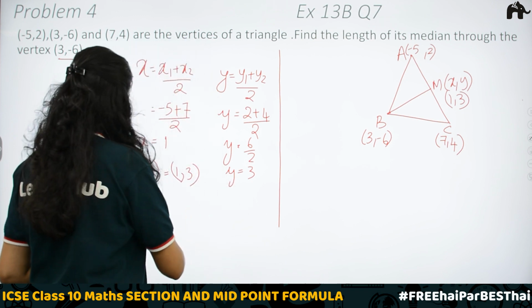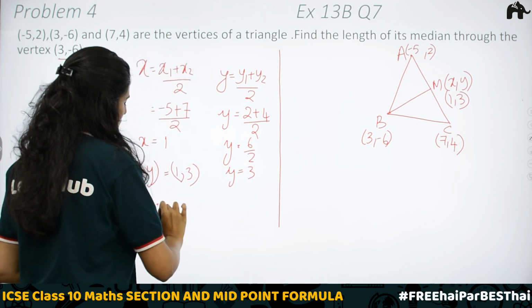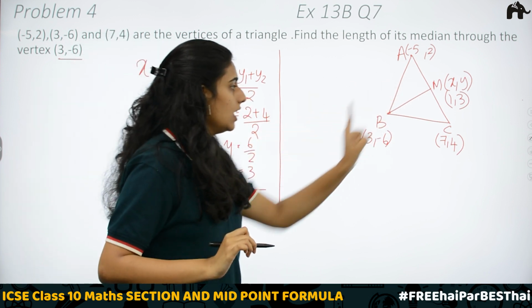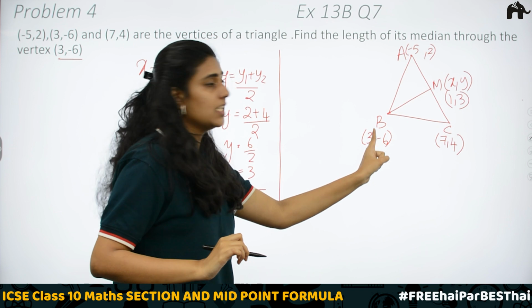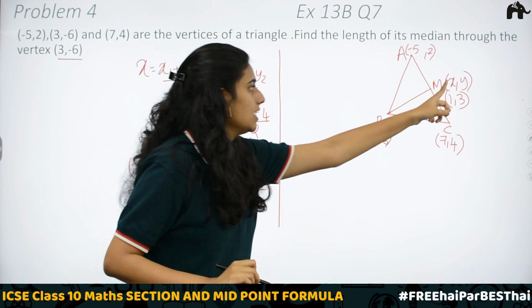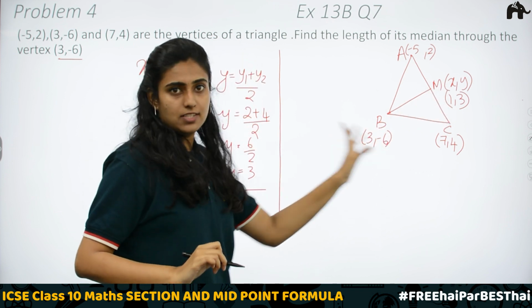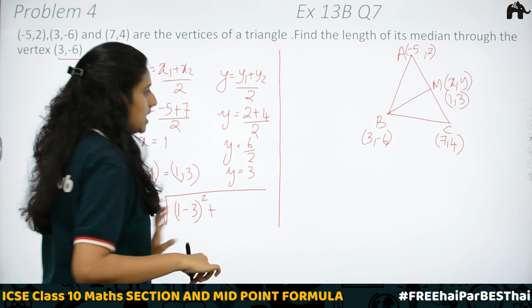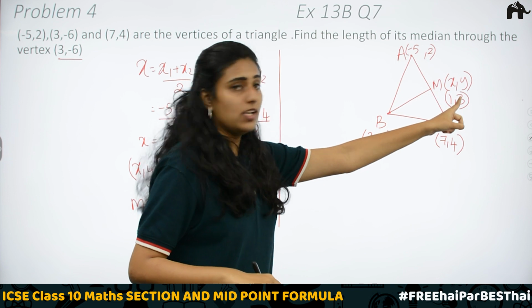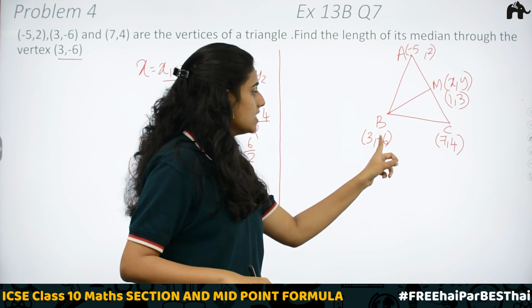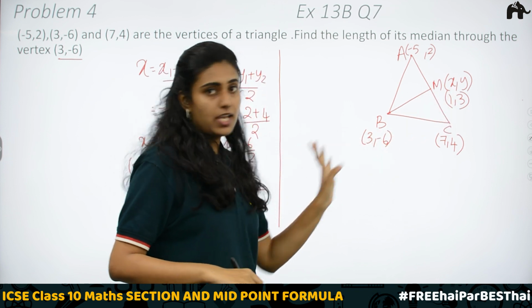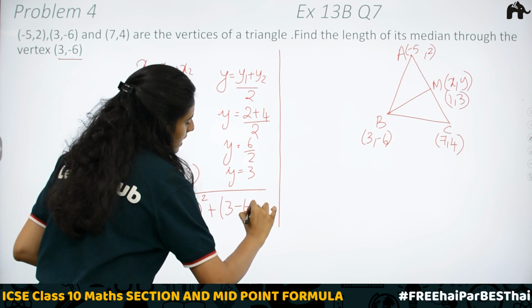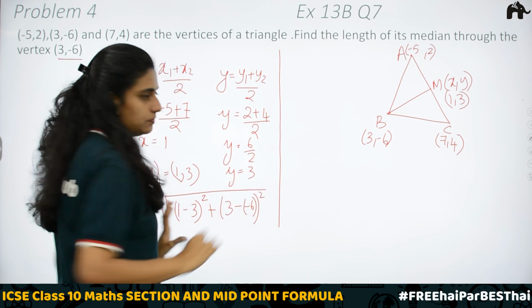Therefore, MB is equal to root of, by the distance formula, the second point's x coordinate minus the first point's x coordinate. Here we have 1 and here we have 3. (1 minus 3) whole square plus the y coordinate, second point's y coordinate is 3 and first point's y coordinate is -6, (3 minus of -6) whole square.